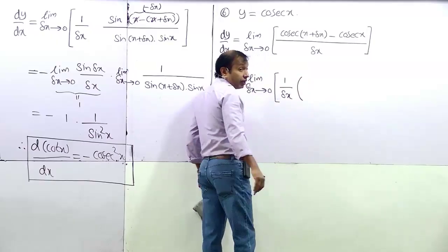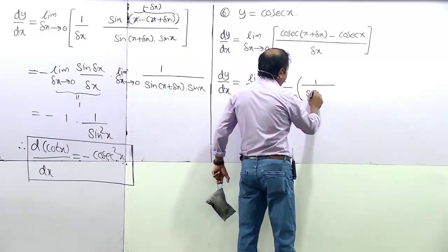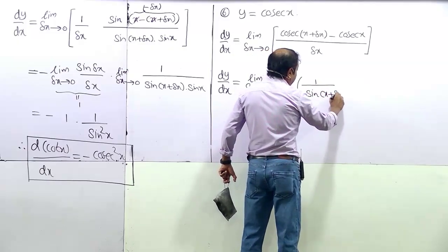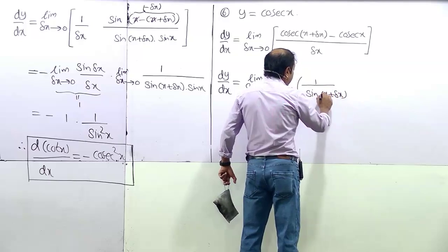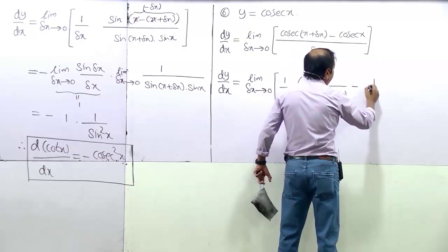This cosec we can write as 1 over sine: 1 over sin(x plus delta x) minus 1 over sin x.